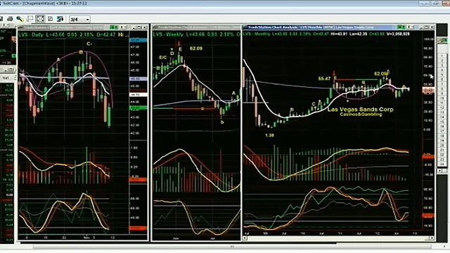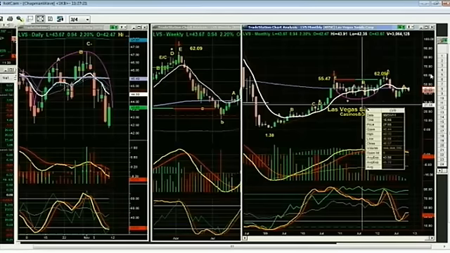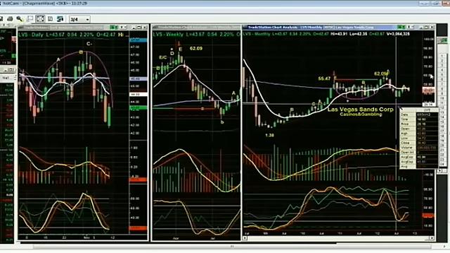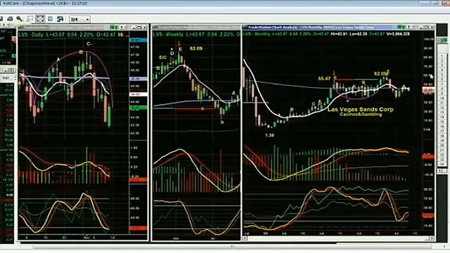What it does is it goes more than 50% below the left side lip. That says be careful, because you could quite easily touch the cup low, which is about 36.08. What does it do? It goes to 34.72. So it goes underneath it, and now it's trying to rally.